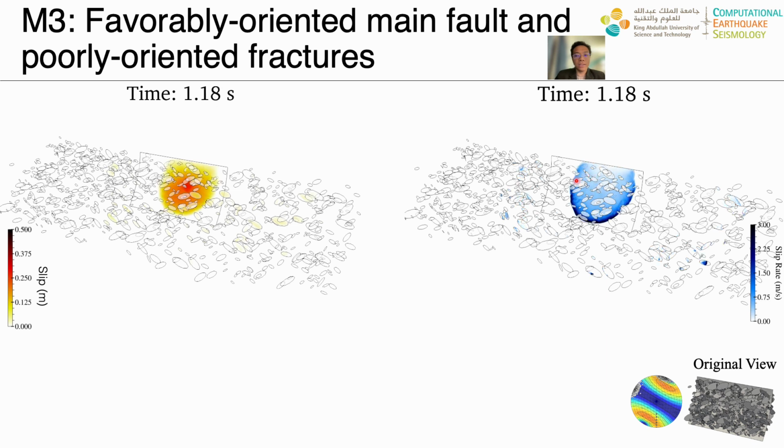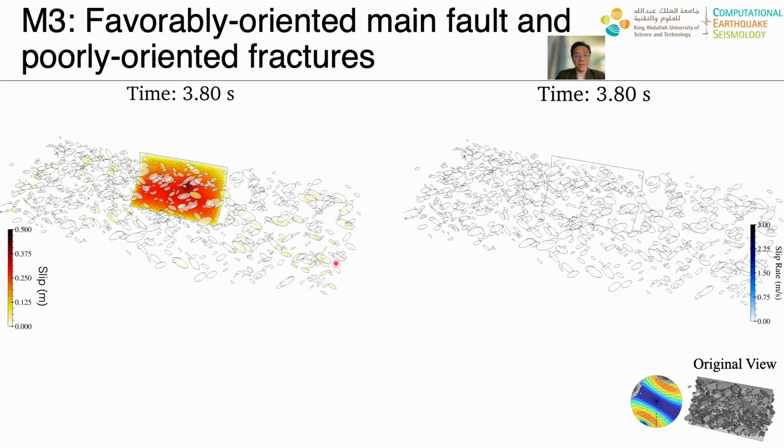And it activates the off-fault fractures, which are initially unfavorable to slip. As you can see here, the off-fault fractures are either advancing or prohibiting rupture evolution, therefore resulting in a heterogeneous slip distribution similar to what we found in the rough fault case, although the manifold considered here is smooth.